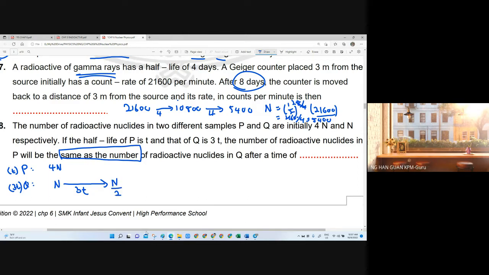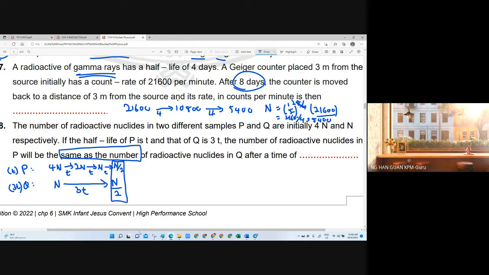But P, after a half-life, that is after time T, becomes 2N. After another half-life, time T, it becomes N. After another half-life, it becomes N over 2. So for P, now we have the same, N over 2.